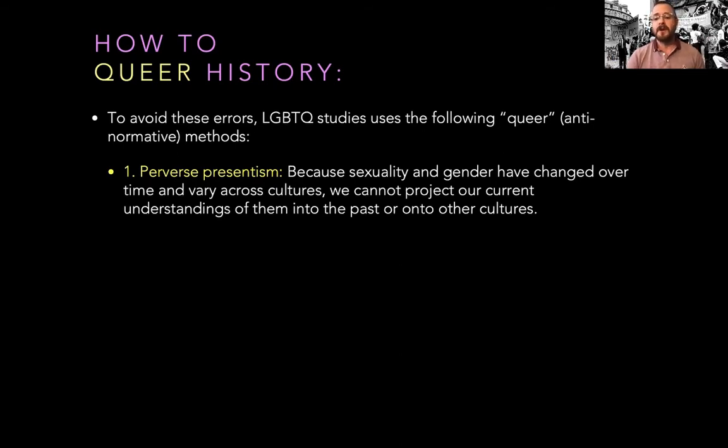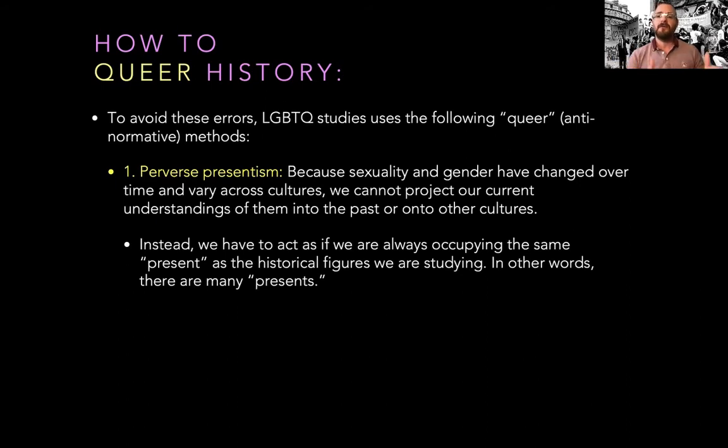And so we have to constantly act as if we are occupying the same present as the historical figures we're studying. We can't bring the knowledge that we have now into the past, because that twists and distorts our understanding of how these people might have understood themselves.